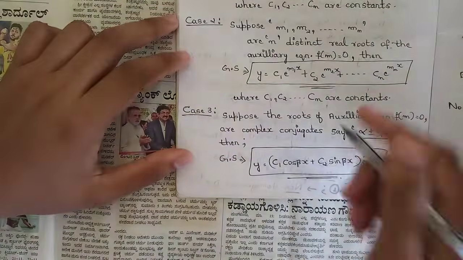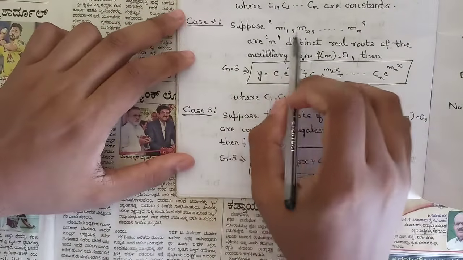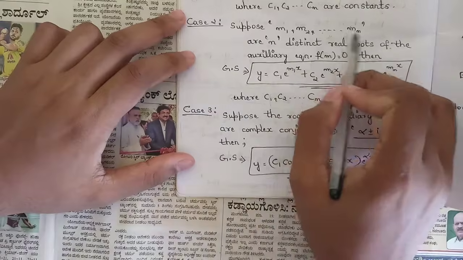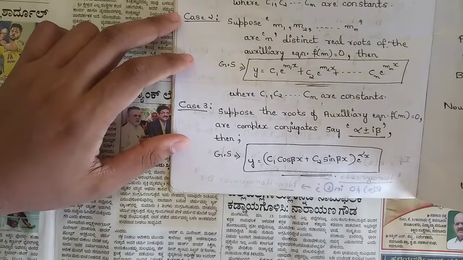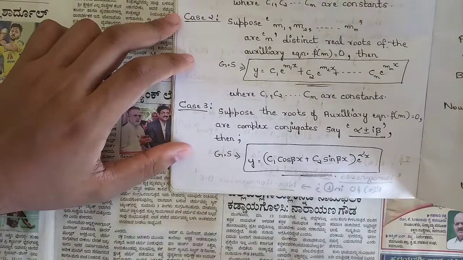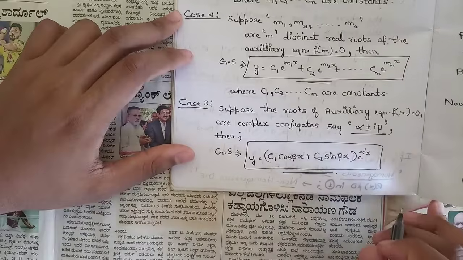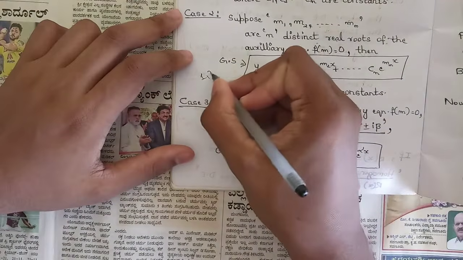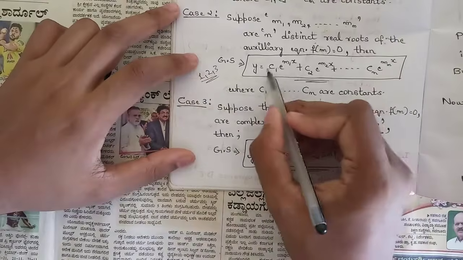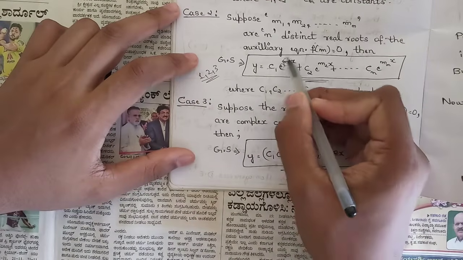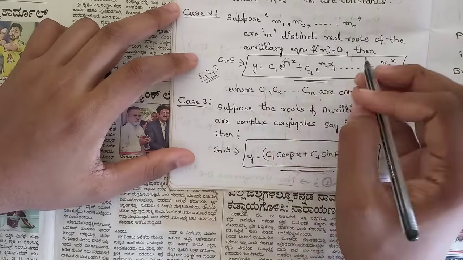In the second case, suppose m1, m2 up to mn are n distinct real roots of the auxiliary equation f of m equal to 0. That means the roots are not the same. For example, if the roots we get in an equation are 1 comma 2 comma 3, we write it as c1 into e power m1x.